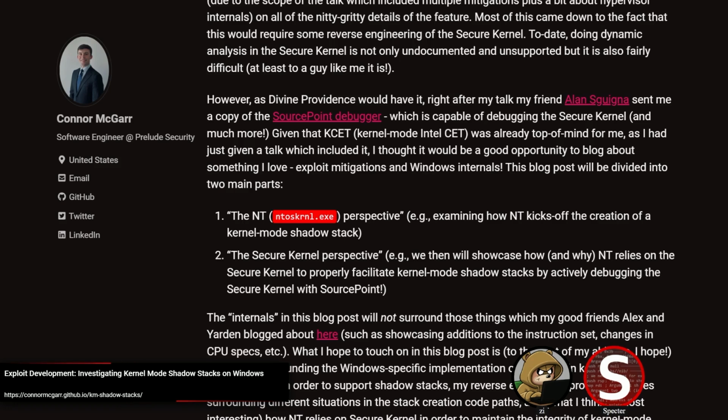And the whole VTL concept that they have going on, they're able to do a lot of things that they couldn't before necessarily because of that virtualization. Another thing, for example, this is kind of outside of the scope of this blog post, but I figured I'd go on a brief tangent about it. Hardware, so things like the IOMMU and devices being able to DMA over memory is something that's always kind of been a problem with Windows.